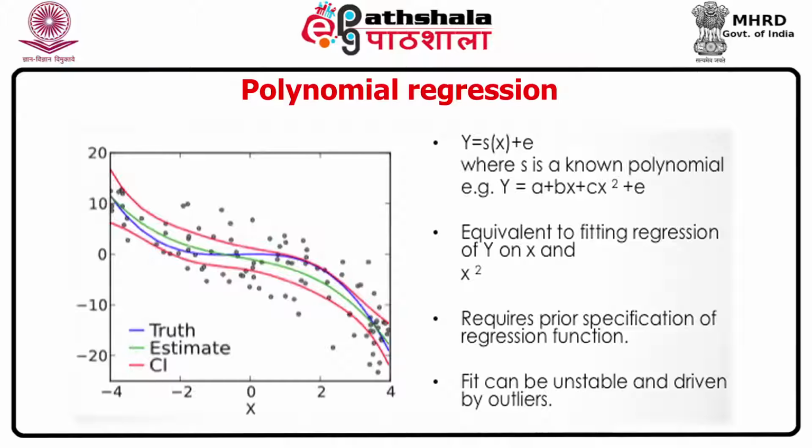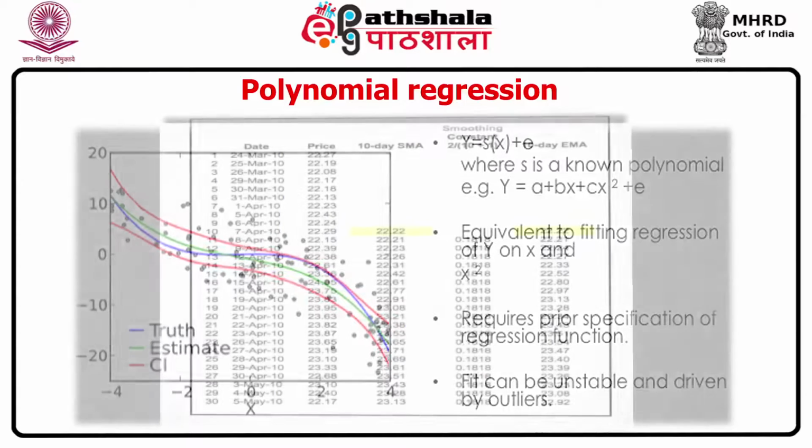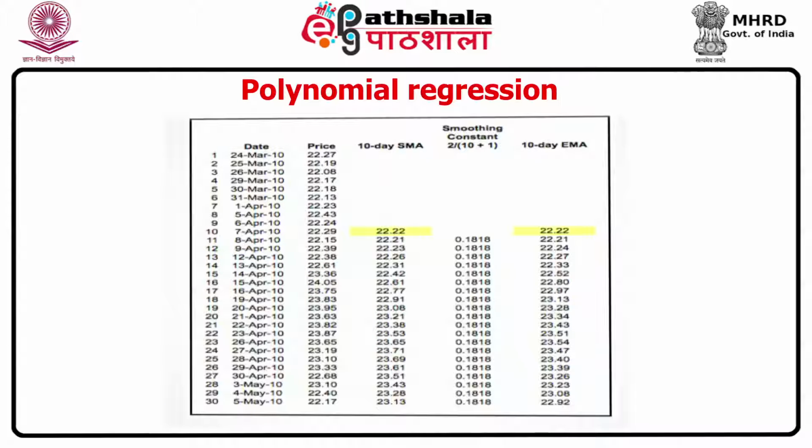However, the answer here is not necessarily desirable, and the reason is the fit can be unstable. As you are familiar with the concept of multicollinearity, I can say that polynomial regression leads to regressors which are very highly correlated. So for example, if I use functions like 1, x, x squared, x cubed, and so on, these could be very highly correlated, leading to multicollinearity, and we know that the consequence of multicollinearity is unstable estimates.